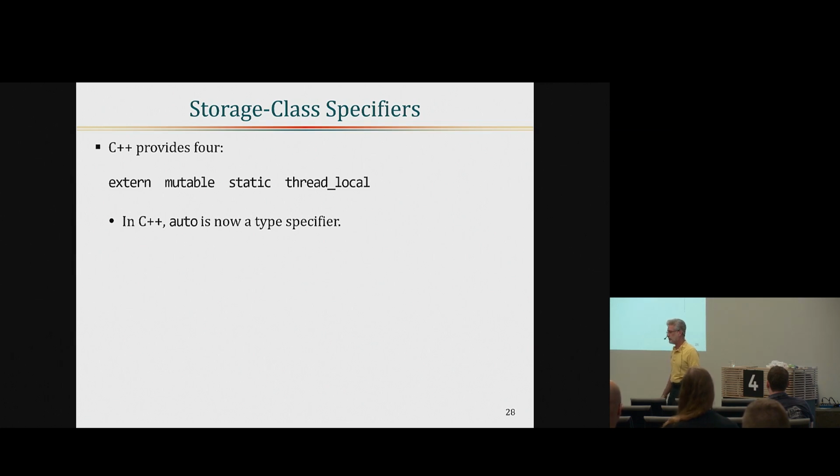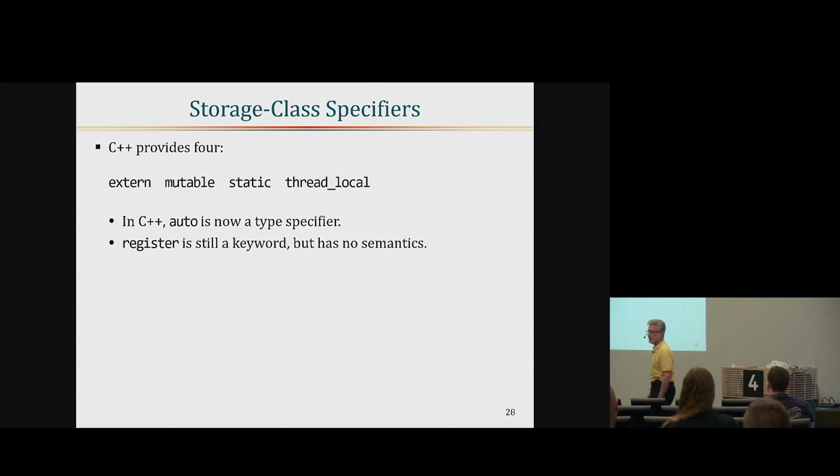In other words, auto is a keyword whose only use is to restate a default and do nothing else. It's pretty useless. So C++ said, since we have a need for a keyword, and we don't want to invent a new one, they actually stole it in C++ and made it a type specifier.